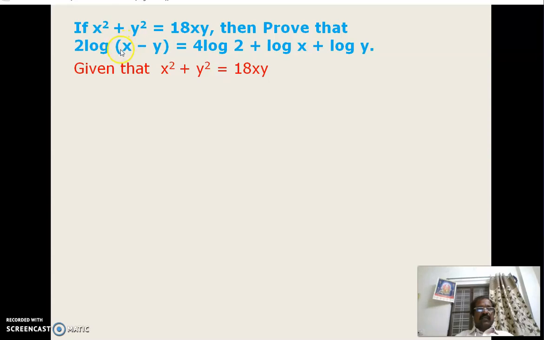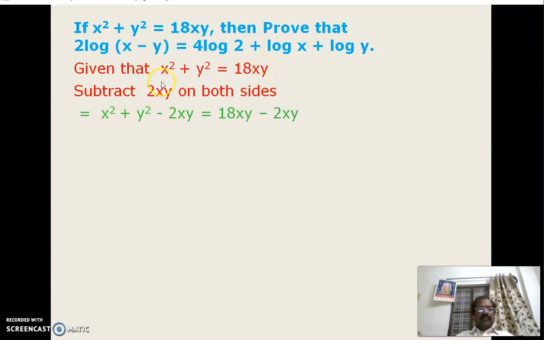You see here they are asking x minus y. That's why you have to convert into x minus y whole square form. Here x square plus y square is there. If you want a minus b whole square form, subtract 2xy on both sides. x square plus y square minus 2xy is equal to 18xy minus 2xy.